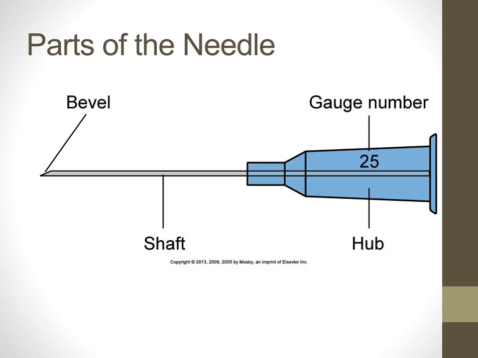Needles are measured in gauges. The higher the number, the smaller the size of the needle. So a 25 gauge needle is a pretty small diameter needle. A 16 gauge needle, that's going to be your garden hose. That's going to be a very large diameter needle.